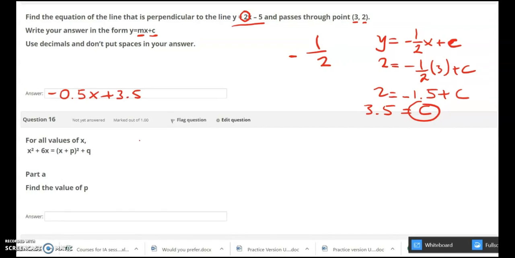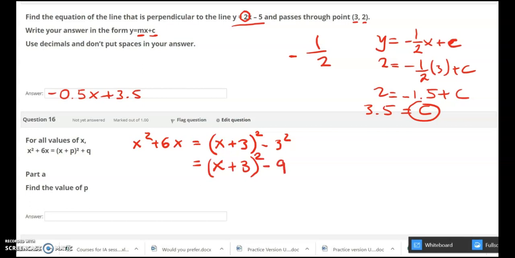So I can rewrite this as x squared plus 6x is equal to x plus 3, so half of 6, and that's all squared, taking away that number that we have here, squared, so the 3 squared. So this is then equal to (x plus 3) squared minus 9.